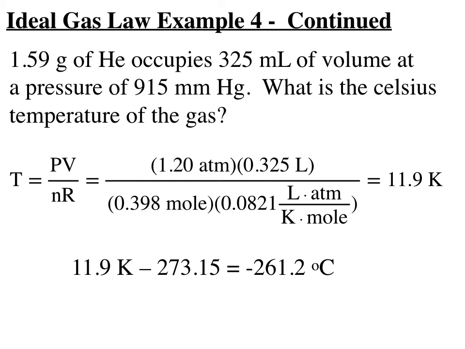But as the word statement above says, it asks for the Celsius temperature of the gas. So using the Kelvin formula, K equals degrees C plus 273.15, I determine that the temperature in Celsius is negative 261.2 degrees C for this gas under those conditions.